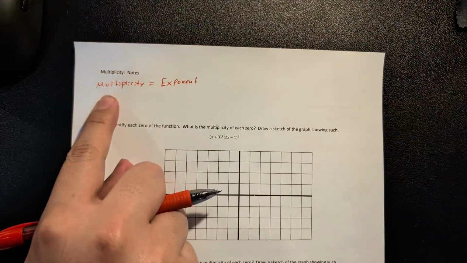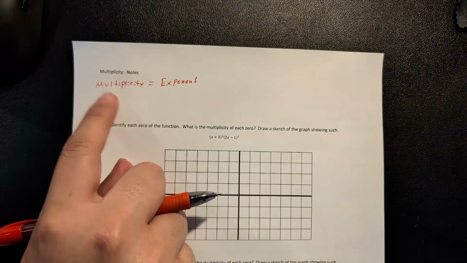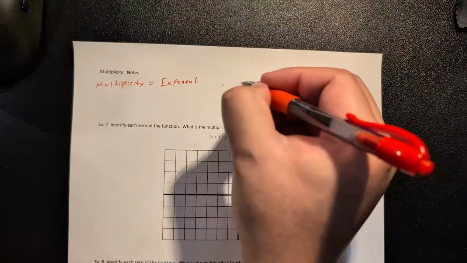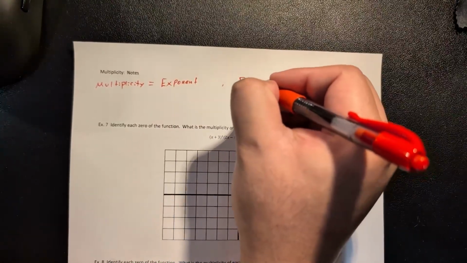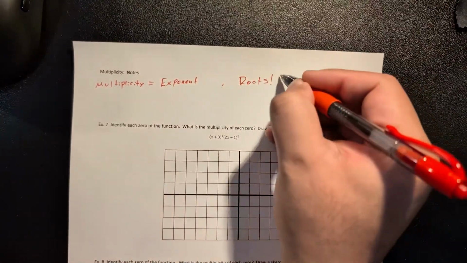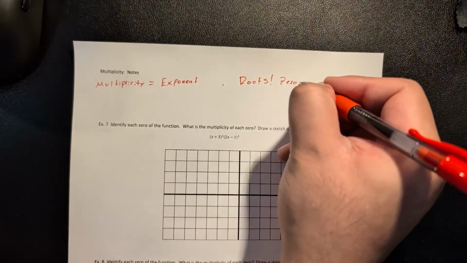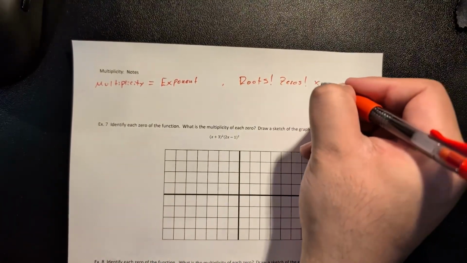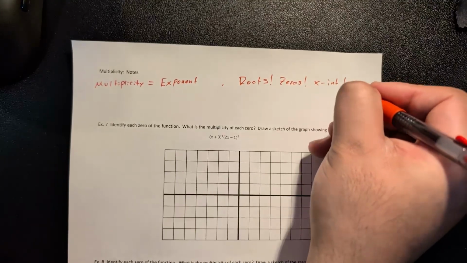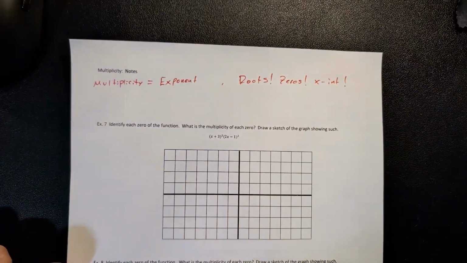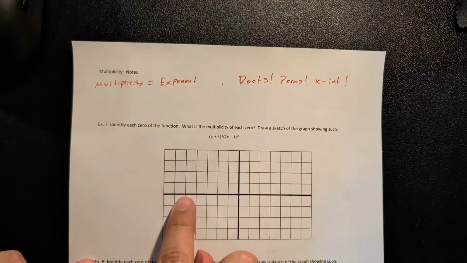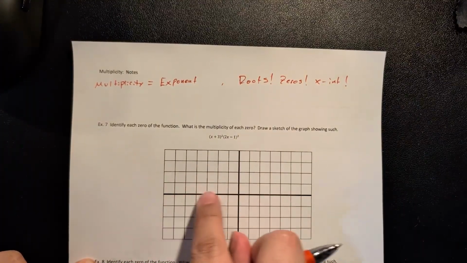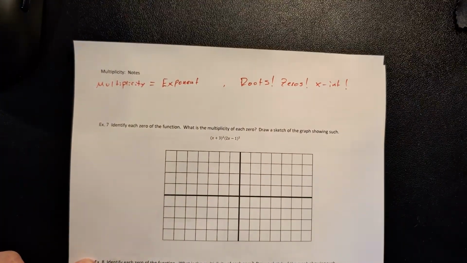Specifically, multiplicity talks about roots or zeros or x-intercepts. They all mean the same thing. We're talking about behavior at the points where it crosses the x-axis.